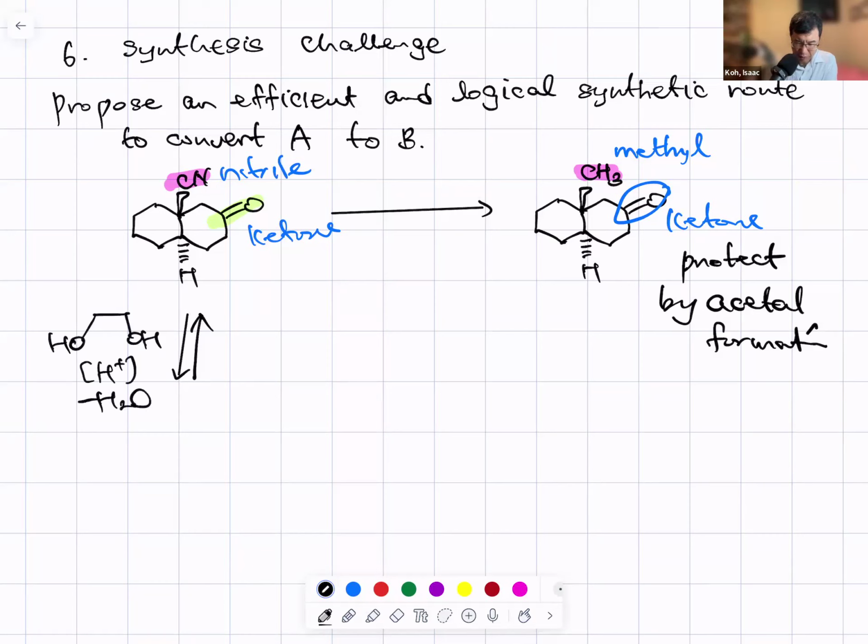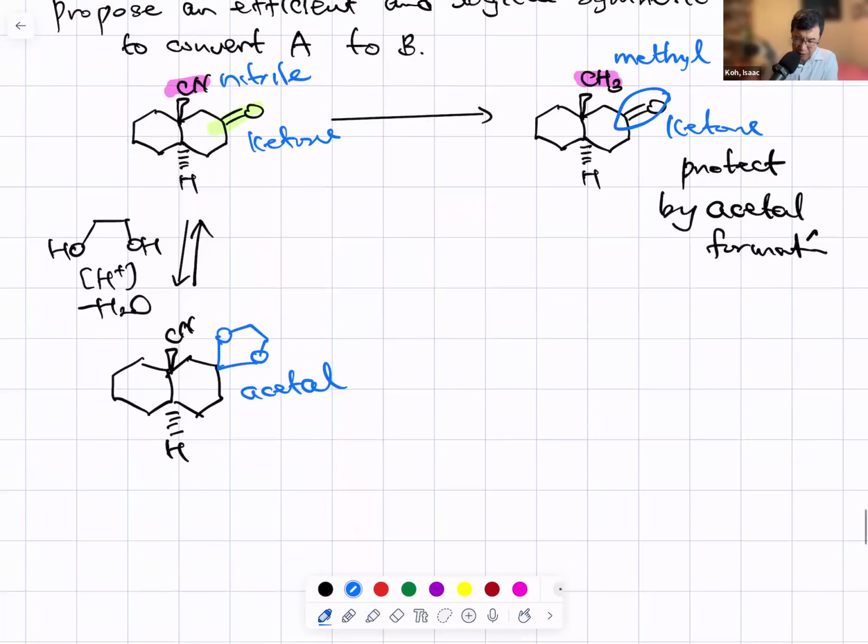Water is a byproduct. Then the ketone is turned into an acetal, everything else will not change. The nitrile is not reactive here. Acetal right there. And now we can do chemical reactions.